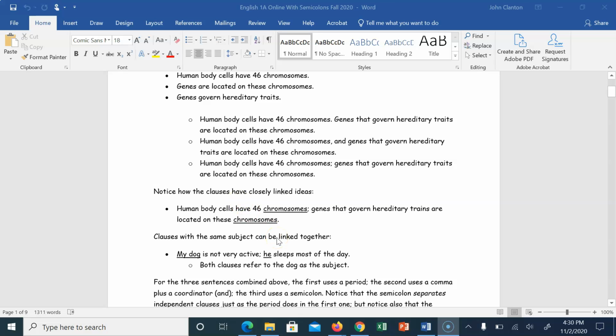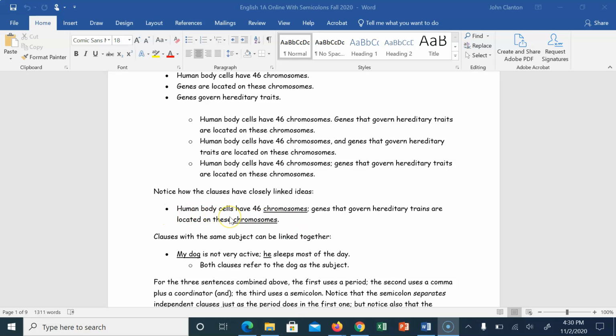Human body cells have 46 chromosomes, semicolon. Genes that govern hereditary traits are located on these chromosomes. Okay, the reason why I underline the word chromosome is because I wanted you to be aware that these sentences are closely related, right? And if you look, you can see how they're related.